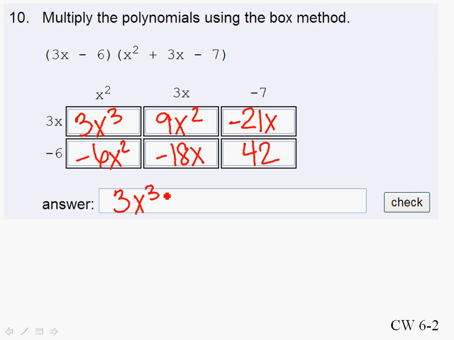We have 9x squared and negative 6x squared, which gives us positive 3x squared. Negative 18x and negative 21x gives us negative 39x plus 42. Okay, so our final answer is 3x cubed plus 3x squared minus 39x plus 42.